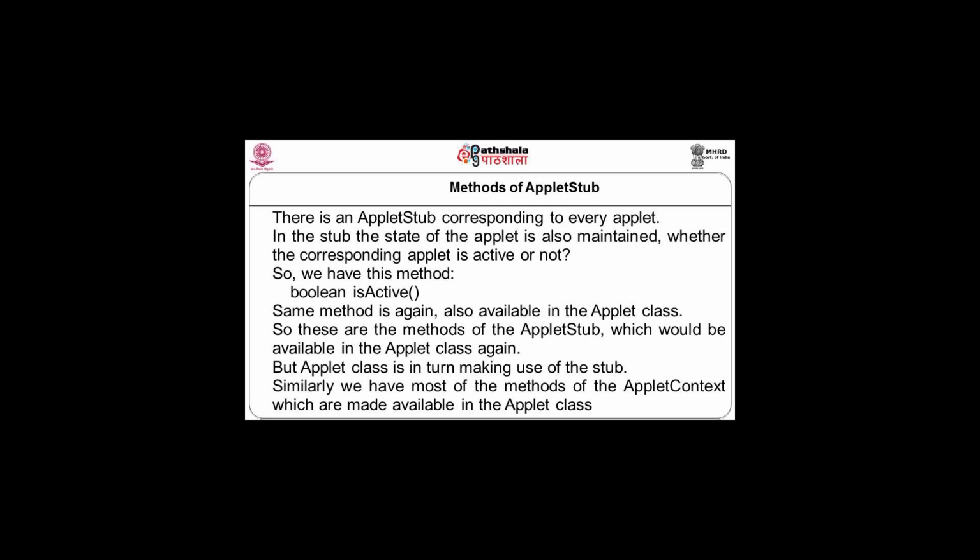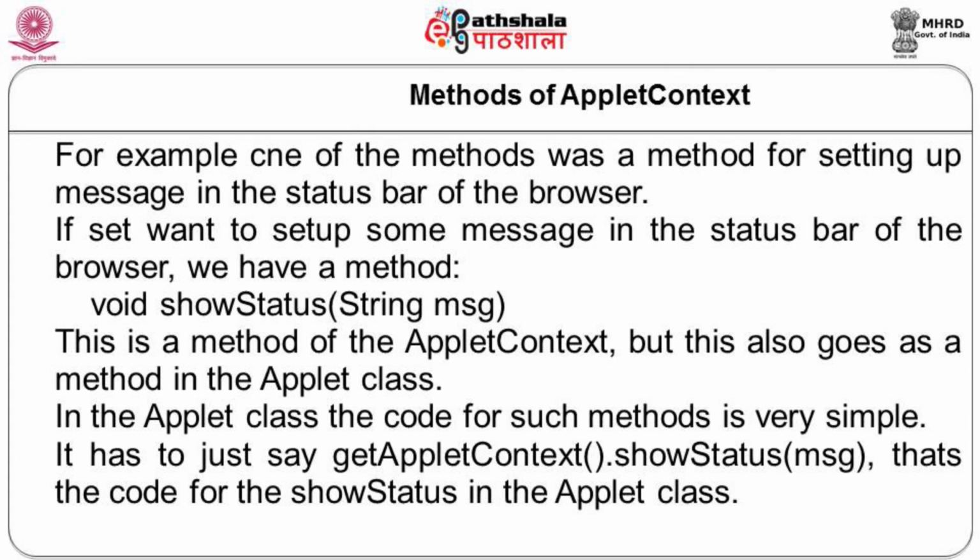For example, one of the methods I had mentioned earlier was the method for setting up some message on the status bar of the browser. The method name is showStatus, which takes as parameter a string for the message to be shown on the status bar. This is a method of the applet context, but this also goes as a method on the applet class.